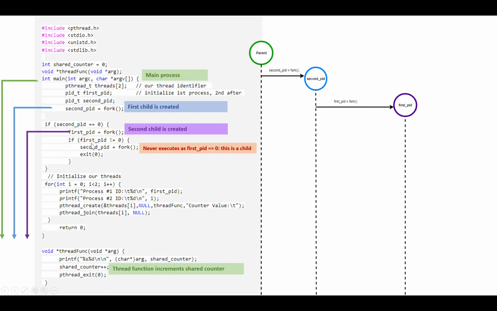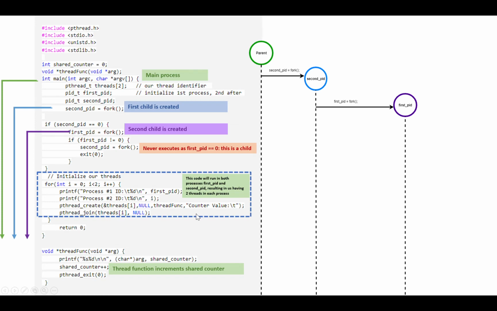So since it's a child process and its PID is 0, the statements inside of this if statement will not get executed. In other words, we are ending up having two processes, second PID and first PID, that will each execute this for loop construct and all the code inside of the for loop.